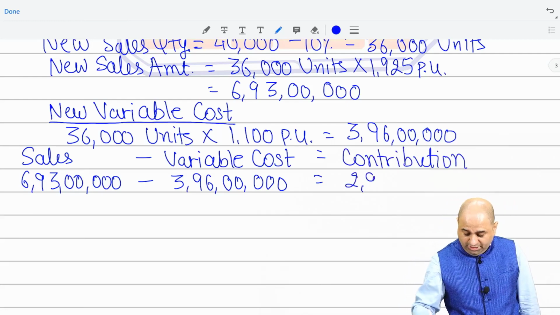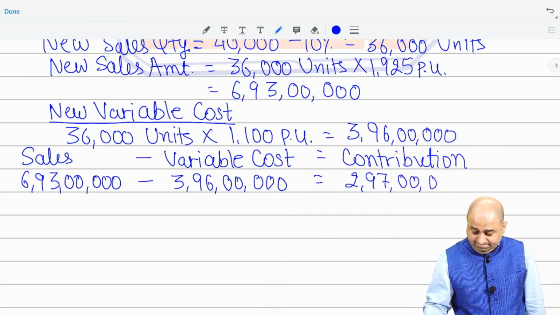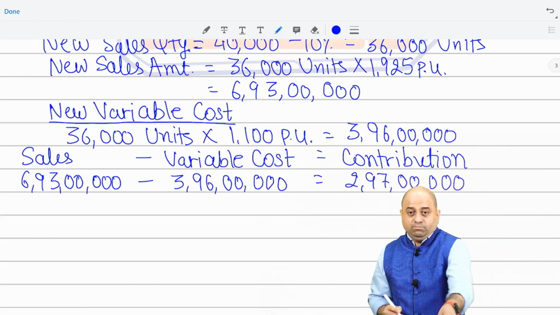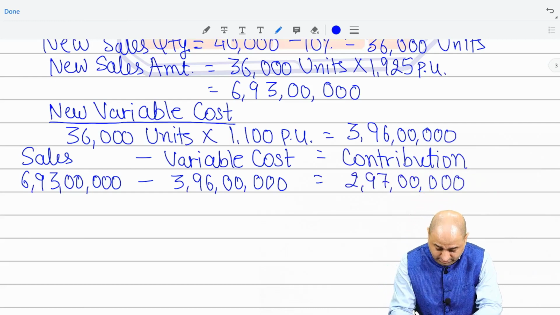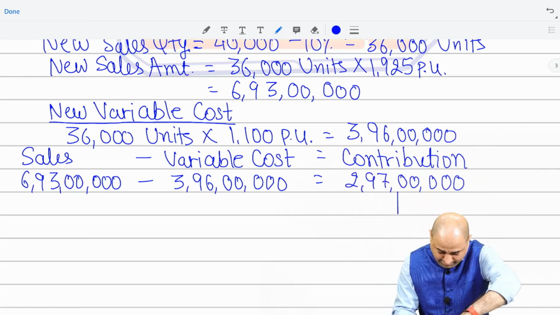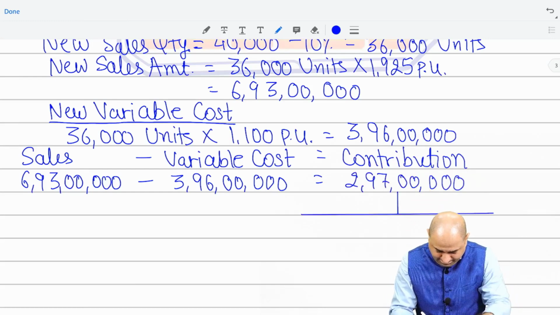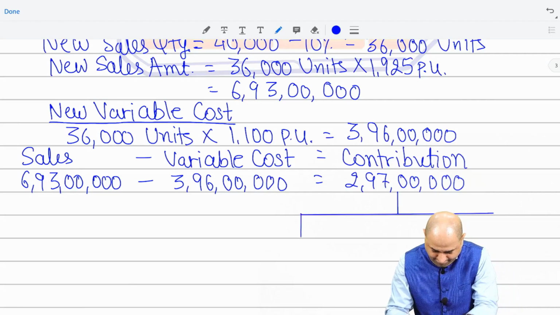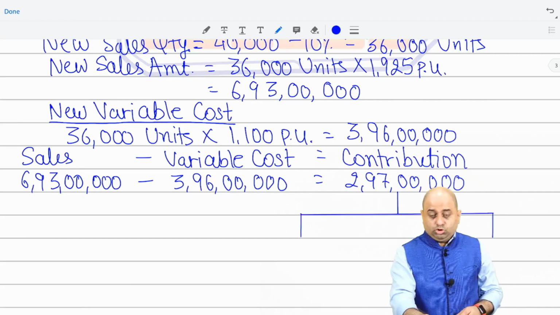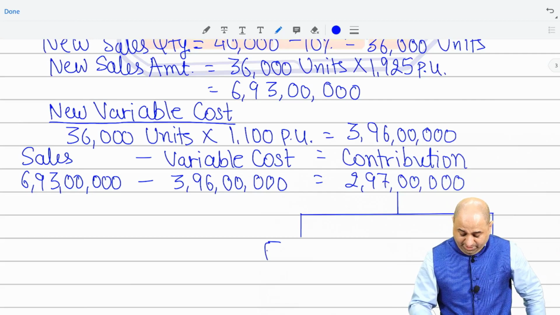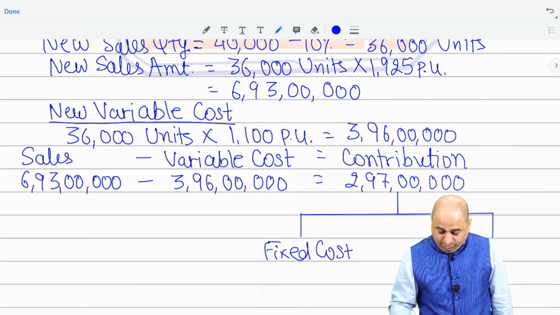So 2 crore 97 lakhs. From that I will subtract fixed cost, or shall I say I will bifurcate my contribution into two: fixed cost and net profit.